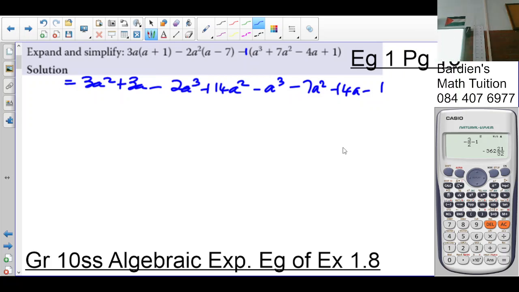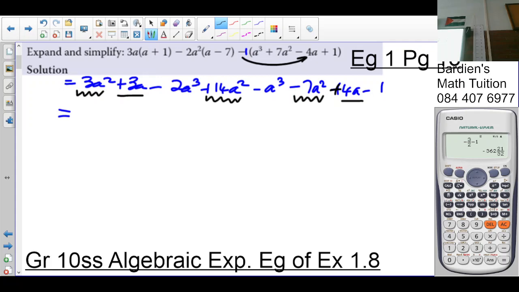Yes. So what do I do now? Collect like terms. So 3a squared is a like term to 14a squared and minus 7a squared. So 3a is a like term to 4a. The 4, not 14, is 4. Okay?